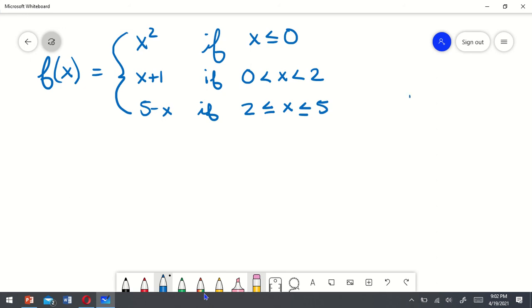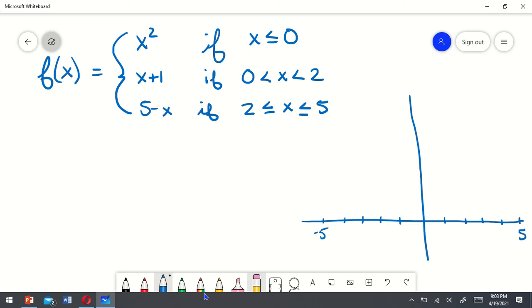So in drawing my graph, I want to be sure my x-axis includes values up to 5. After 5, my function doesn't exist. There's no rule for plugging in the number 6 or 5.1 or anything like that.